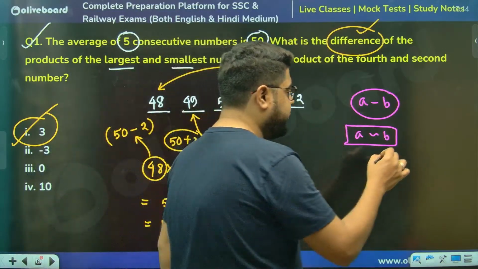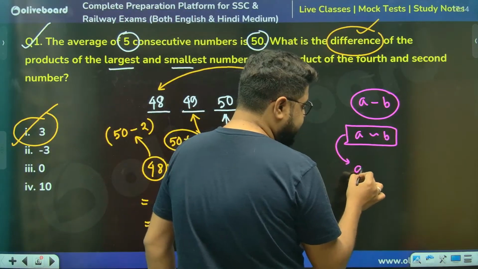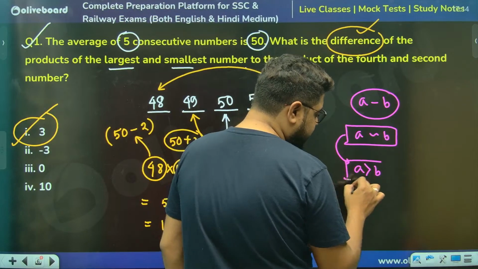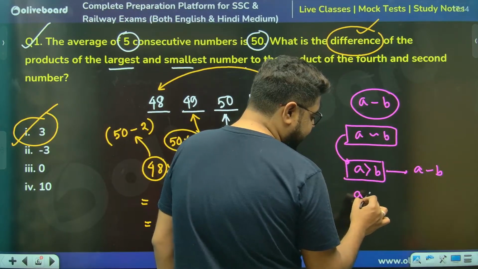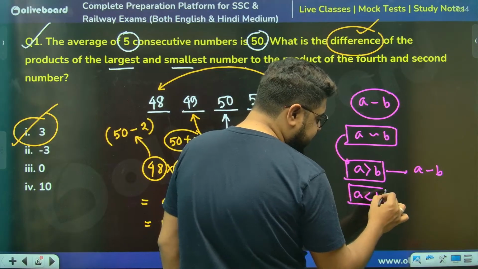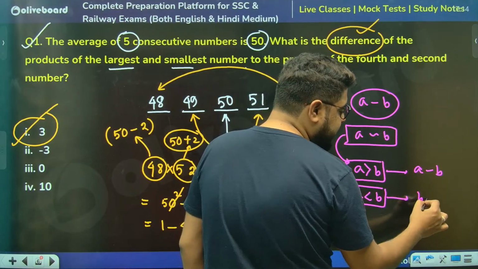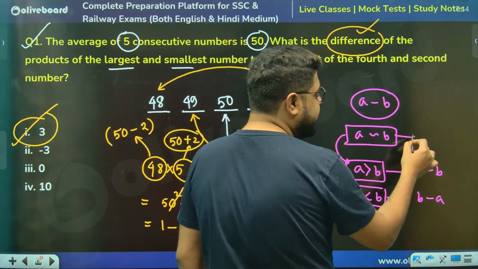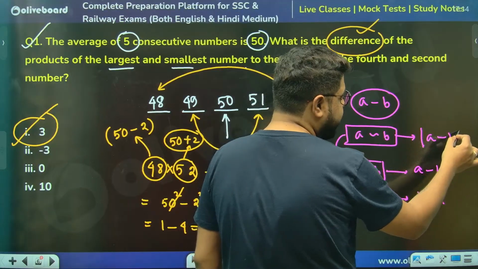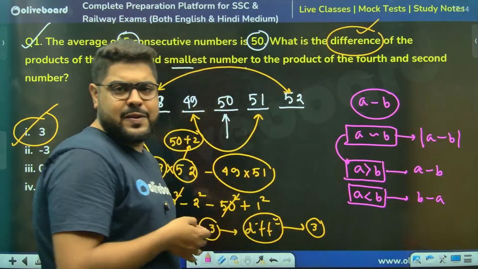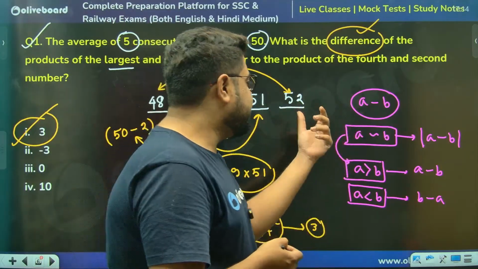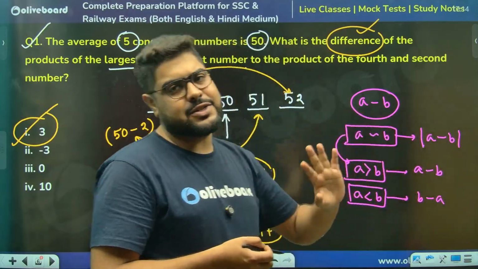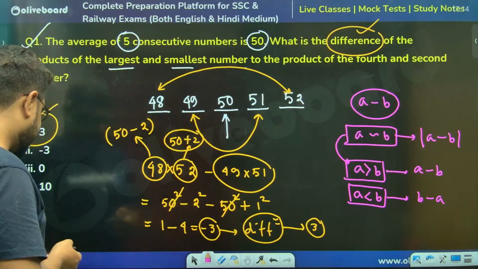If A is greater than B, then we say A difference B will be A minus B. And if A is less than B, then the bigger is B, so A difference B means B minus A. Mathematically, it is written as modulus of A minus B. But we don't need this much. Just remember, difference means bigger minus smaller. That's all.